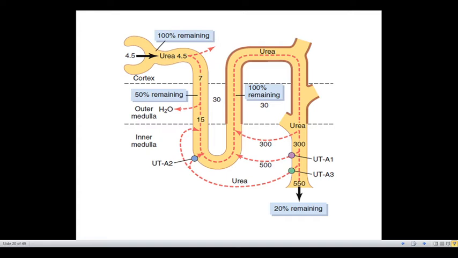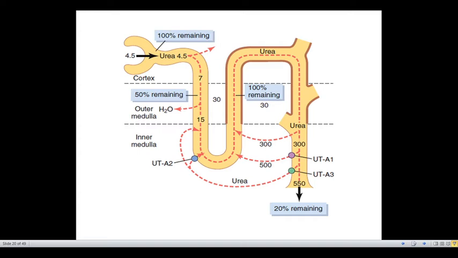The heavy lines from the thick ascending loop of Henle to the medullary collecting ducts indicate that these segments are not very permeable to urea.